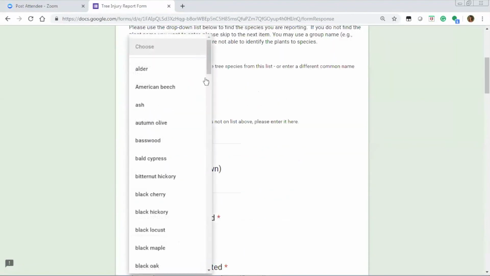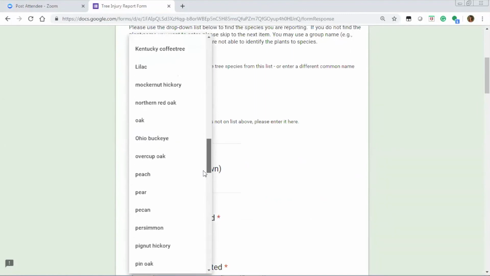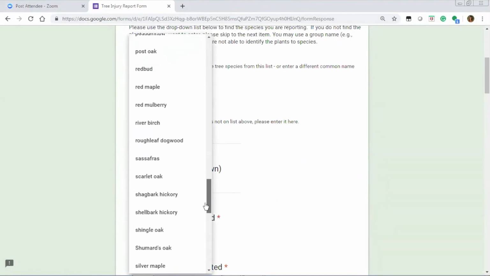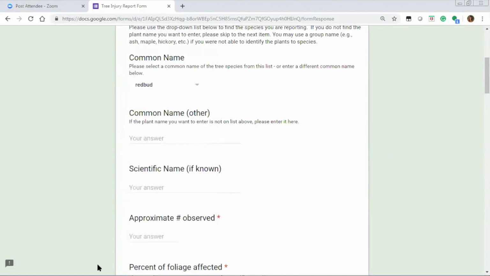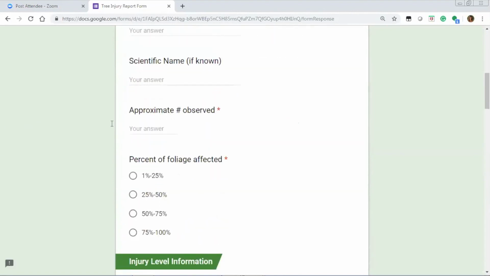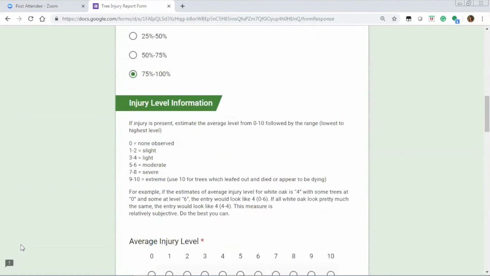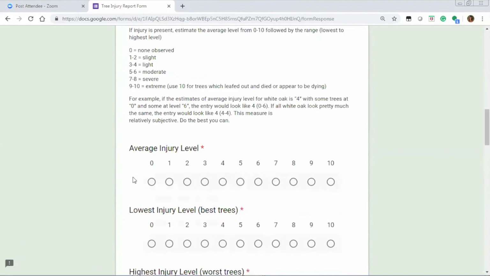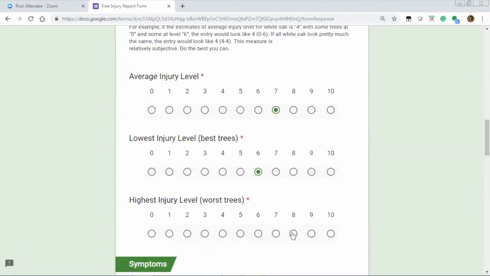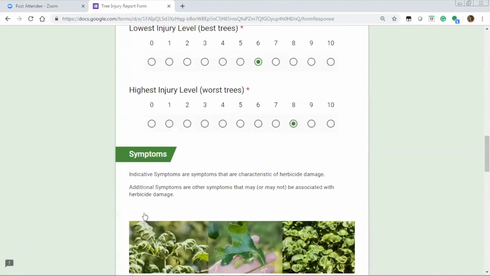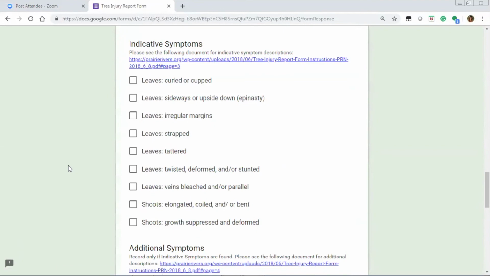And that was the red bud. Again, she observed 7. 75 to 100% of the foliage was affected. Average injury level was a 7. The range was a 6 to an 8. And again, the indicative symptoms listed were leaves curled and cupped.